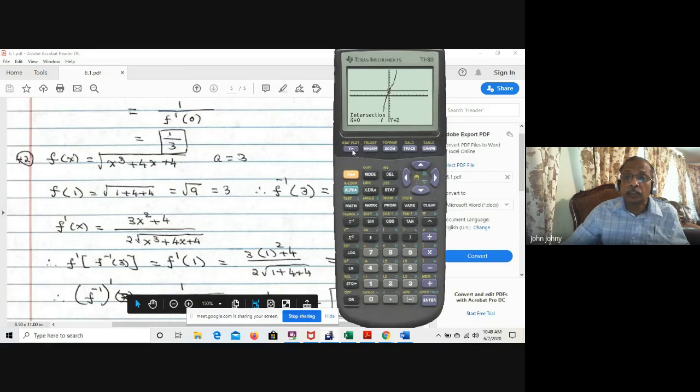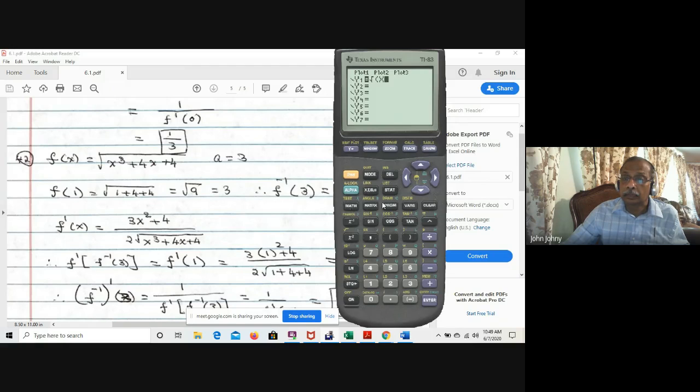For f of x is equal to, clear everything, square root of x cubed plus 4x plus 4. That's the first function. Second function is 3, since a is 3. And graph the two functions.